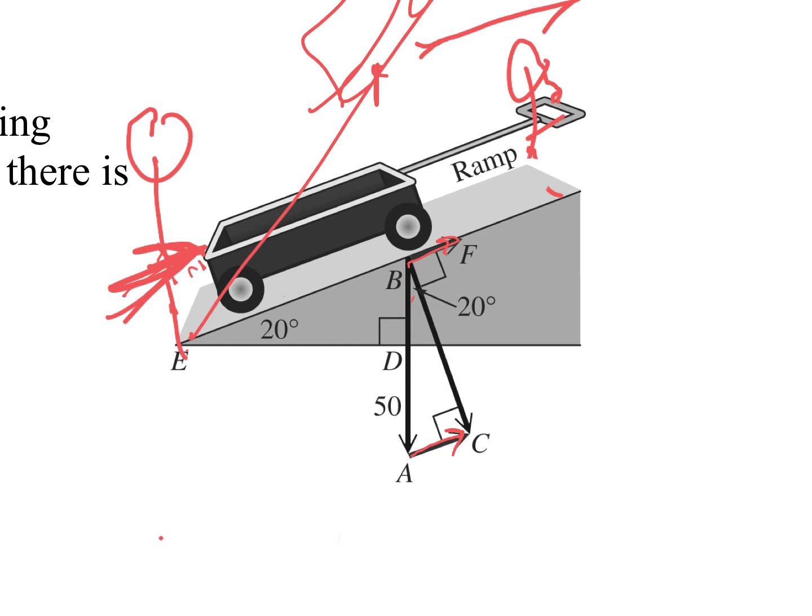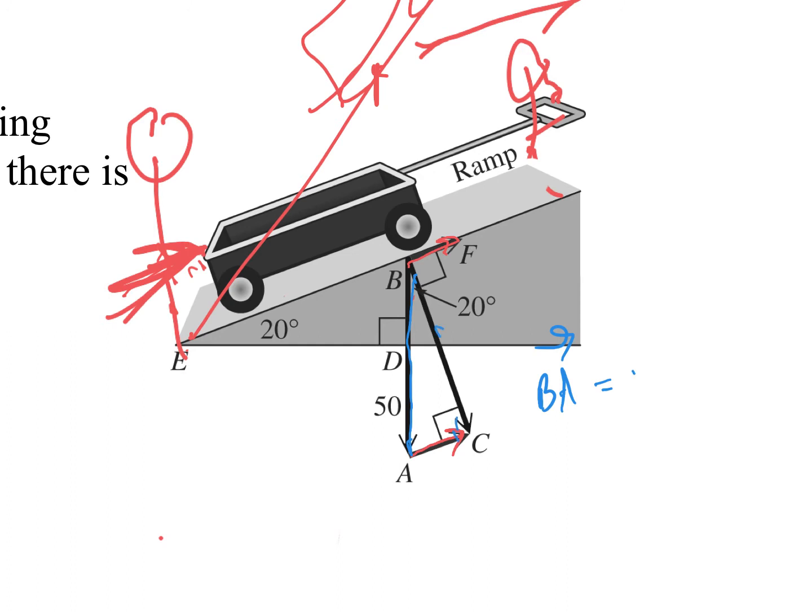Now, there is some mathematics. If we're going to add vectors together, for instance, if I talk about BA, I could take the BA vector and it should be equal to the sum of the other two vectors.